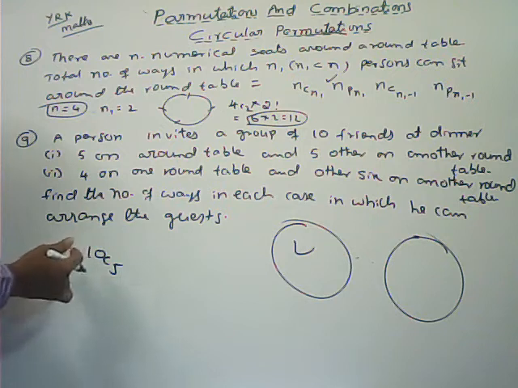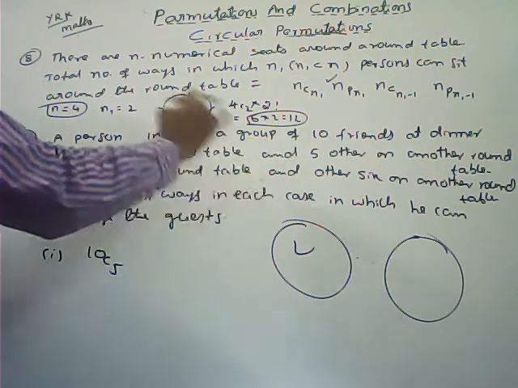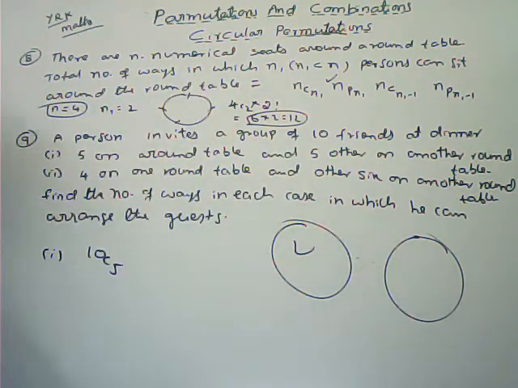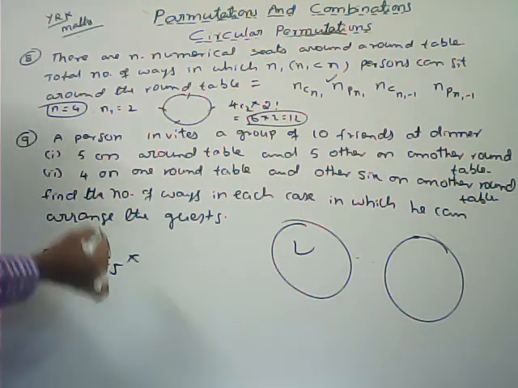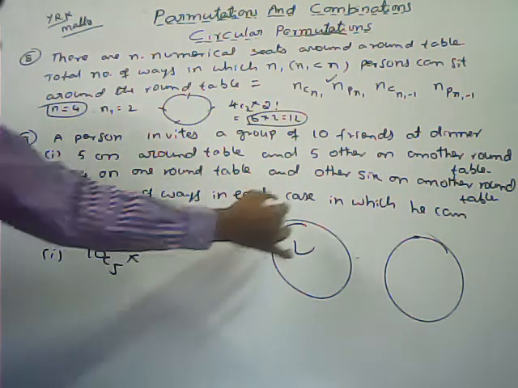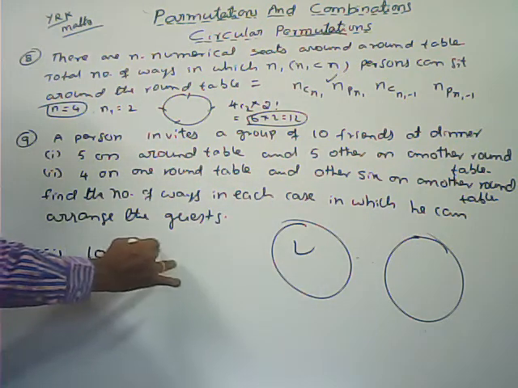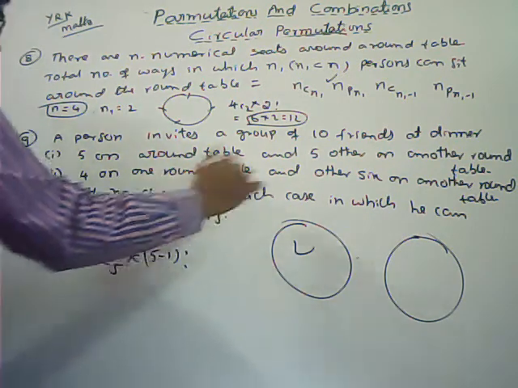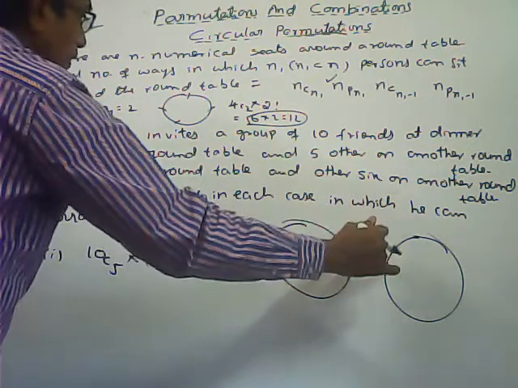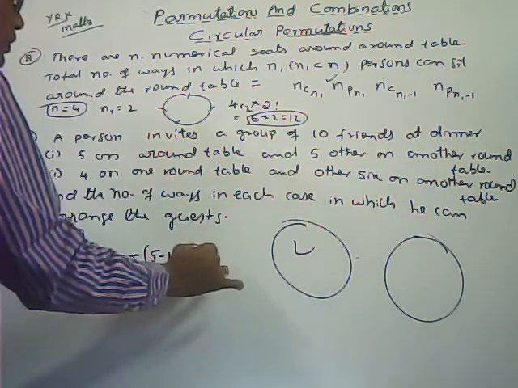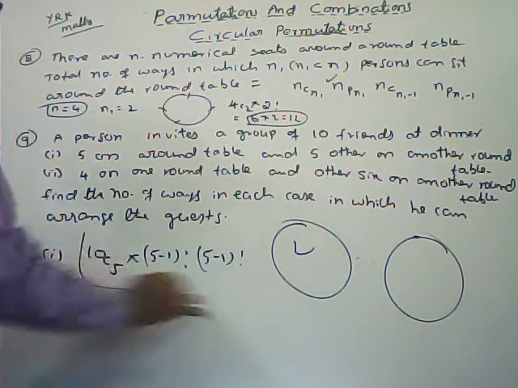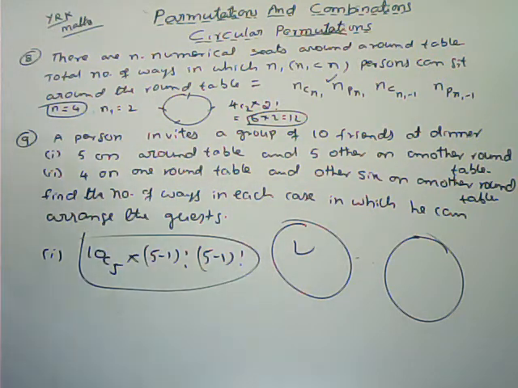In each selection, the rest of the 5 members go to the second table. Now, in my hand 5 members are there. The 5 members can be seated at the round table in 5 minus 1 factorial ways. Next, the rest of the 5 members at the second round table, 5 minus 1, 4 factorial. This is the answer for the first part.